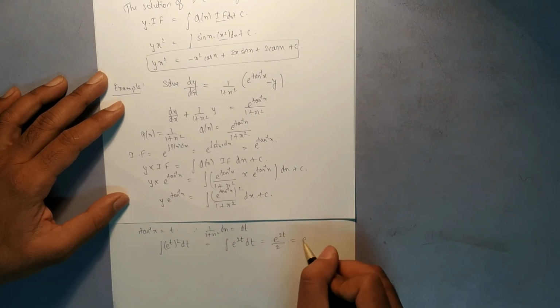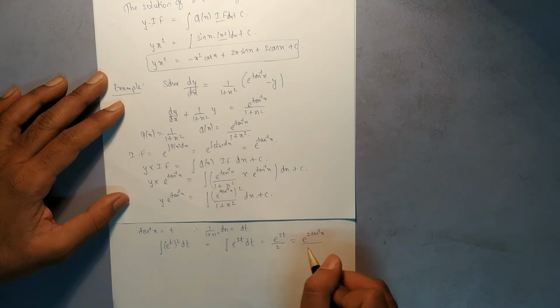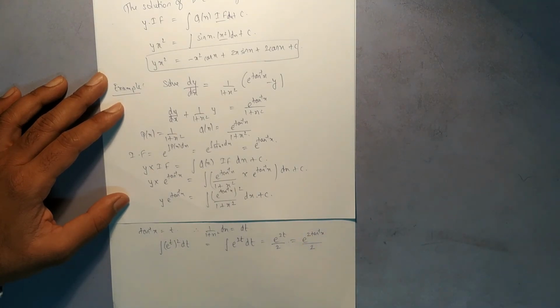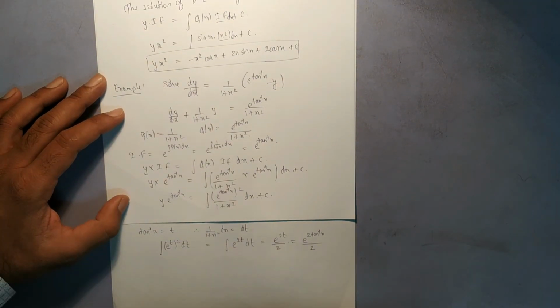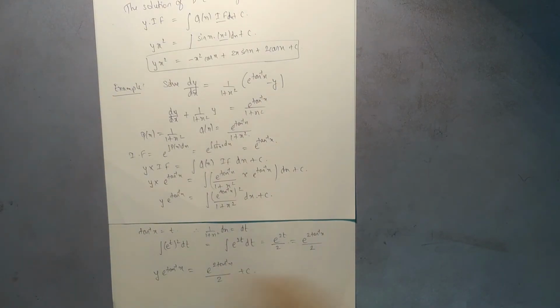Now this will become e raised to 2 into tan inverse of x upon 2. Putting this value in the above equation, we get the solution as y into e raised to tan inverse of x is equal to e raised to 2 tan inverse of x upon 2 plus c. So this is the final solution of our linear differential equation.